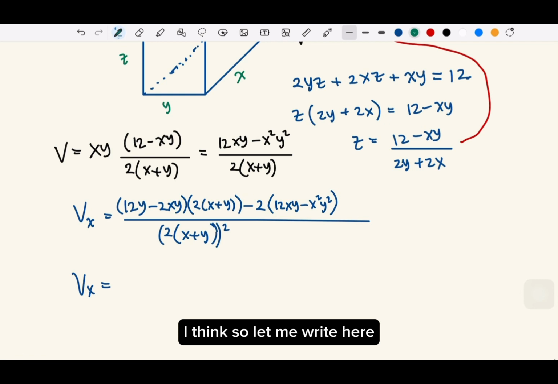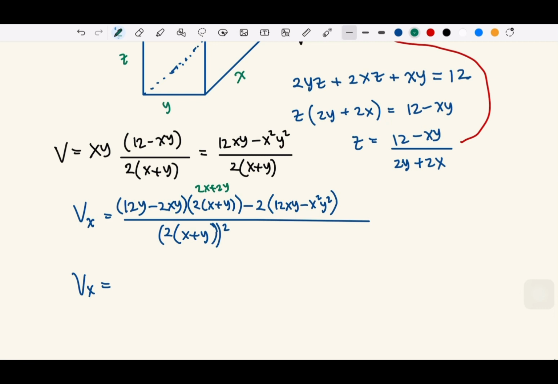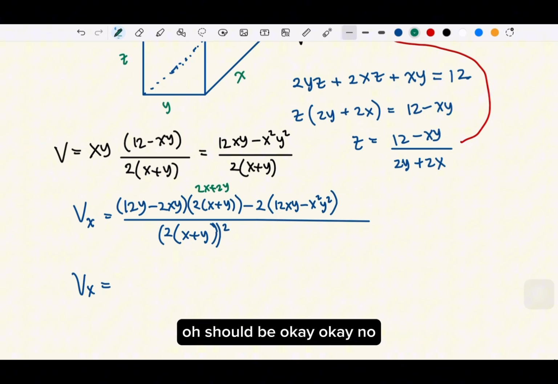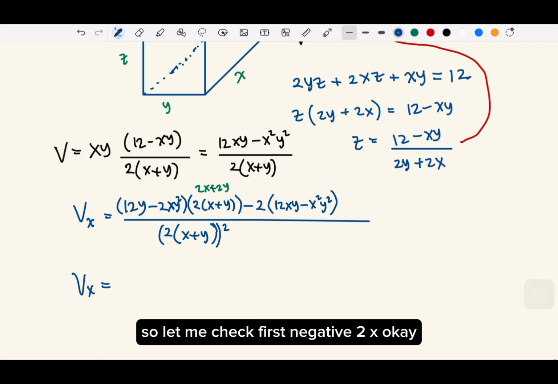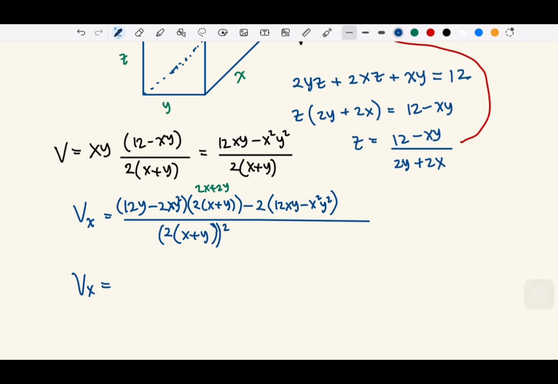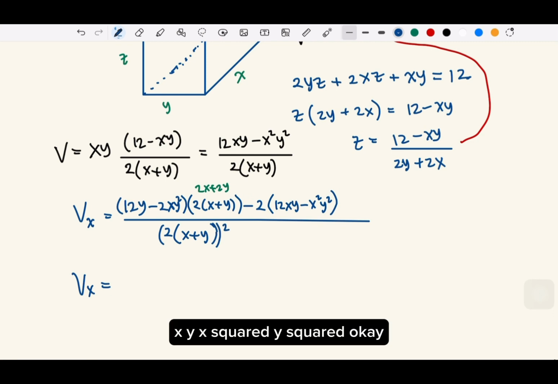So let me write here 2x plus 2y. Oh, should be okay, no. This should be x y squared. So let me check first. Negative 2x. Okay. Xy, x squared, y squared. Okay. I think we can make this.